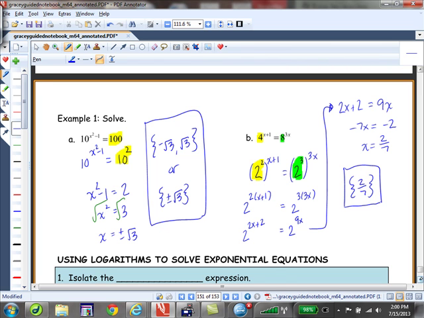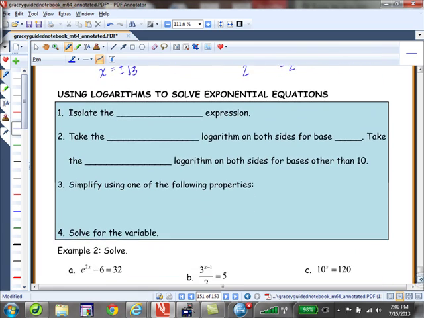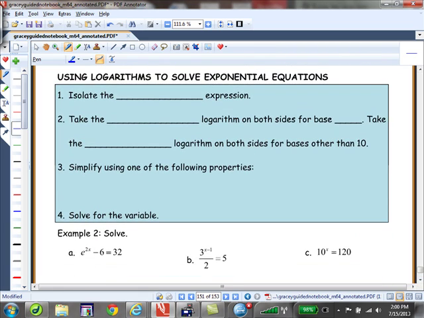All right, so next up. Unfortunately, that's not the format that we get all the time. So if we're going to use logarithms to solve exponential equations, this is what we do.